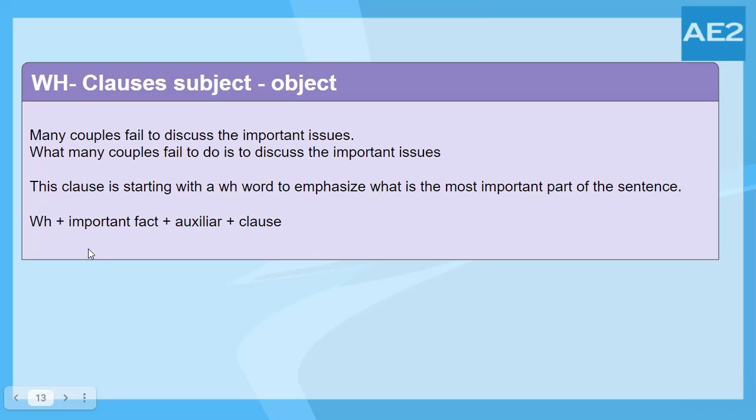Well, in this case, we're going to use a WH word, depending on if it's where, how, etc. The important fact, or which will be the subject. Then we're going to continue with an auxiliary, and then with the clause. And here we have this same structure, right? What important fact is many couples fail to do? The auxiliary is, and then the clause.